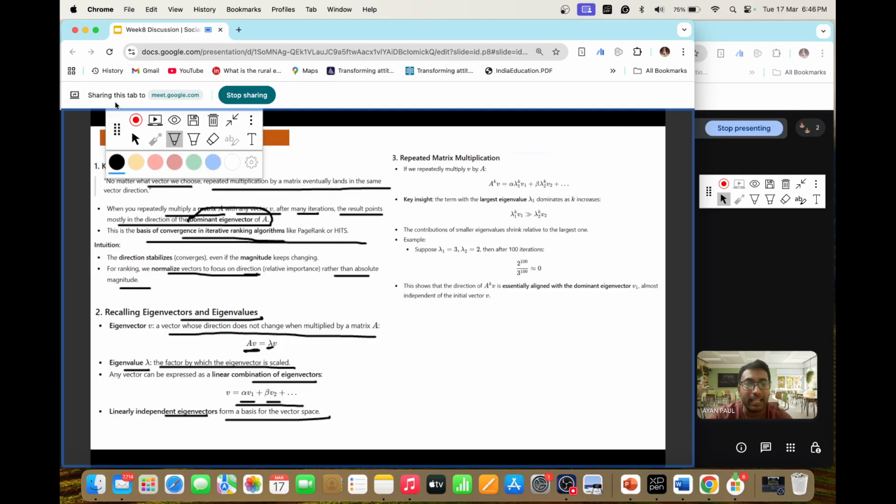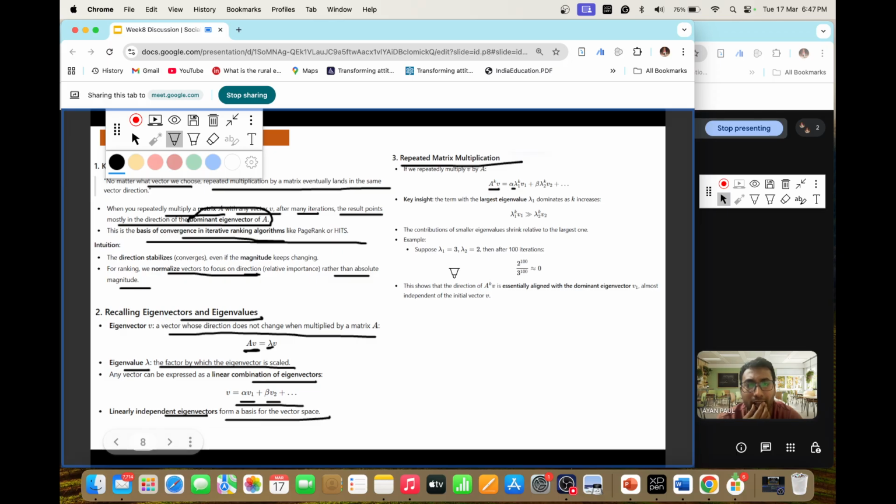And then the third thing you have to understand is repeated matrix multiplication. So now we have this A into V. What we will do is multiply this matrix A again and again. So this is AV, okay, and after multiplying it, let's say k minus 1 times, it will be A to the k minus 1 times V. And how is it expressed?